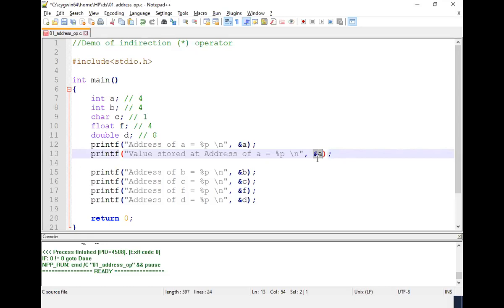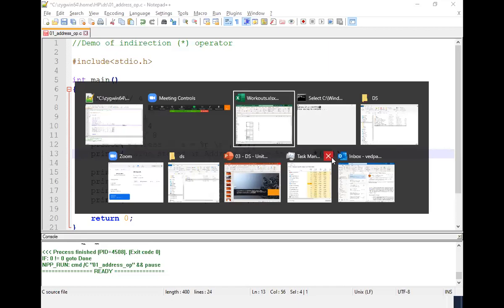Now, at that particular memory address, I want to know the value. Then I can write a star here, and I can place them into brackets. Understand this one: star means the value located where this particular address is pointing. Now, value located at the address of A. What is the address of A?